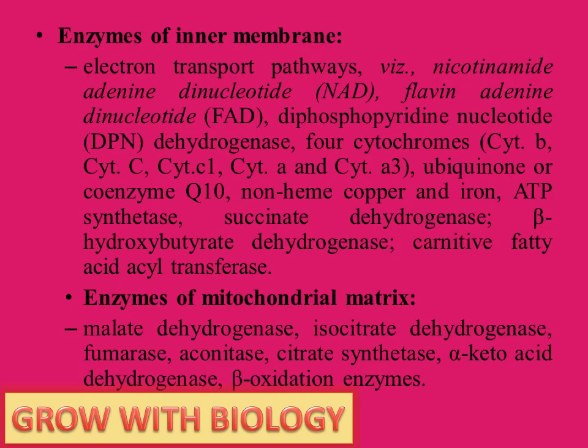The enzymes which are present in the inner membrane make up the electron transport chain, which contains nicotinamide adenine dinucleotide, flavin adenine dinucleotide, diphosphopyridine nucleotide dehydrogenase, and all the four cytochromes involved in the electron transport chain, which are cytochrome B, cytochrome C, cytochrome C1, cytochrome A and A3.